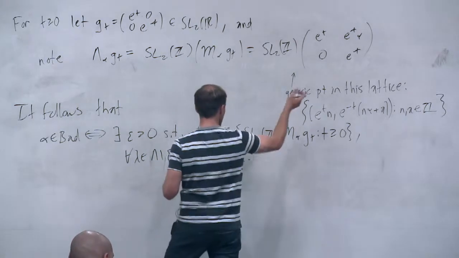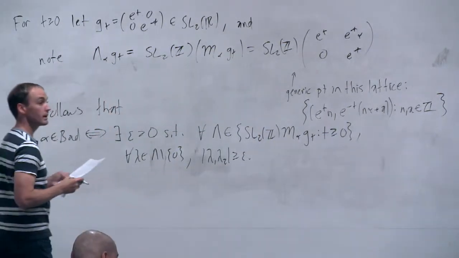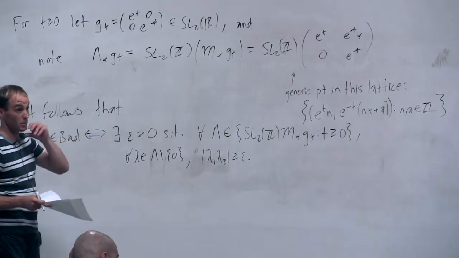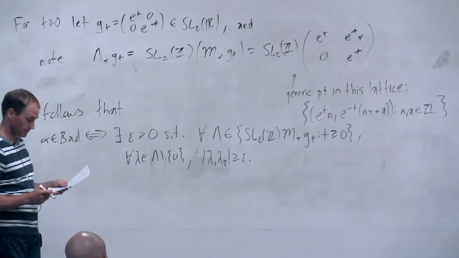This is exactly what I just told you, but I'm just writing it down in words. This is just saying that right multiplication by g_t preserves the collection of all products of coordinates of non-zero lattice points.